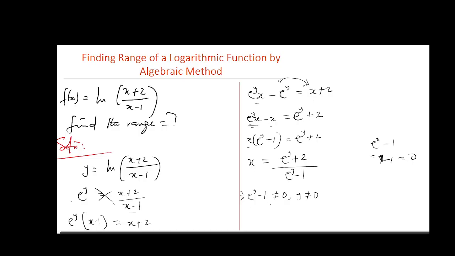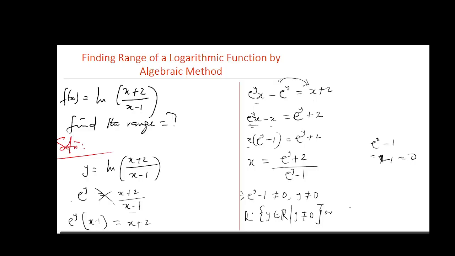Now we have the set of y values, which is that y is a set of all real numbers. Now we can write our range: y is a set of all real numbers, but y cannot equal 0. All right, this is set notation. Now we can write it in interval notation. The set of all real numbers begins from negative infinity to positive infinity.